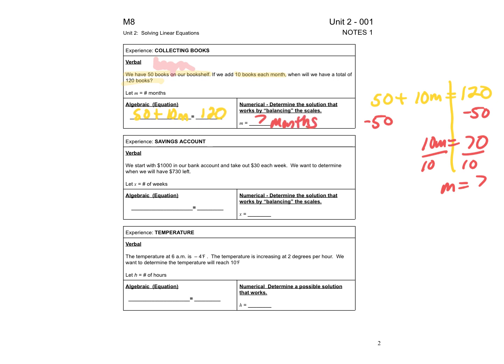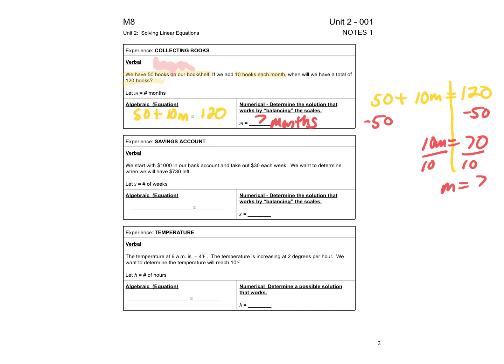Okay, first great rule to problem solving is to read it carefully. We start with $1,000 in our bank account and take out 30 each week.